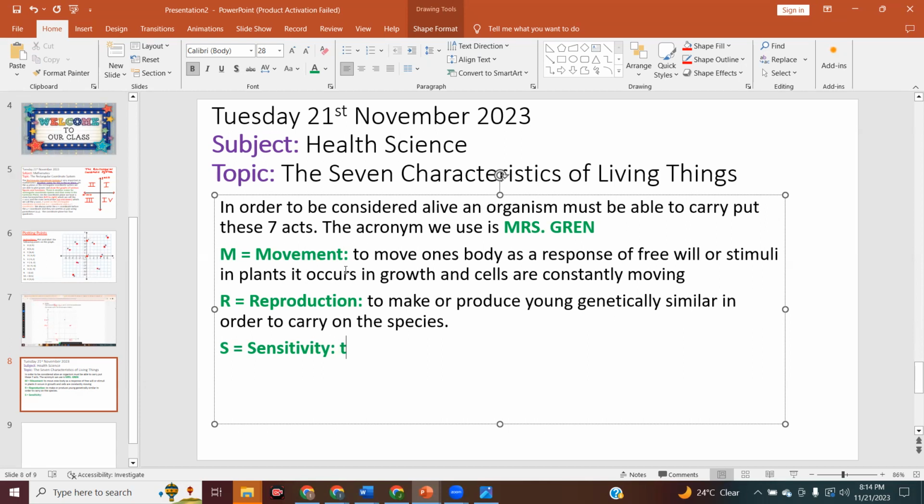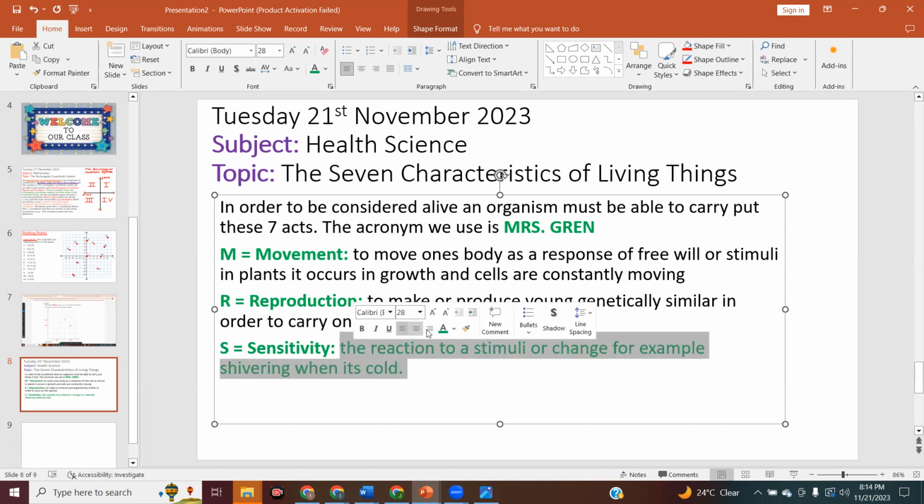So the reaction to a stimuli or change. For example, shivering when it's cold.